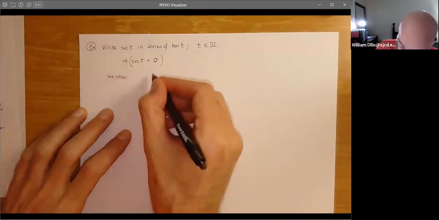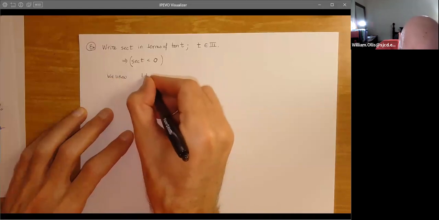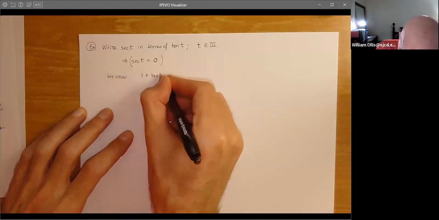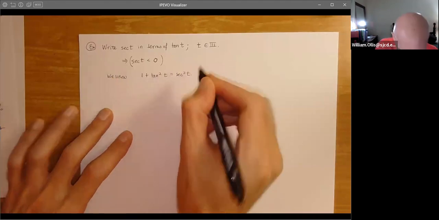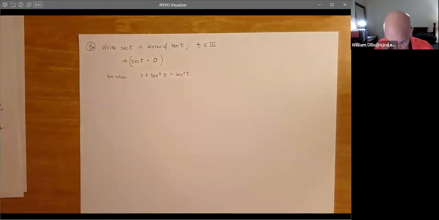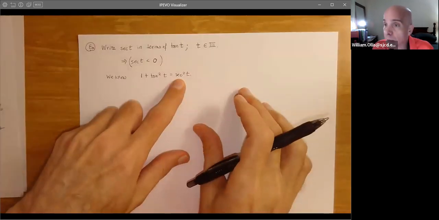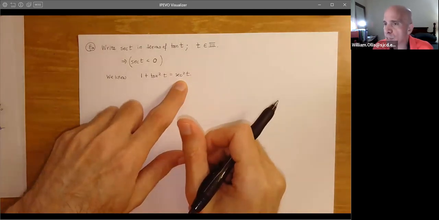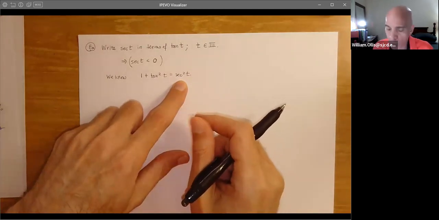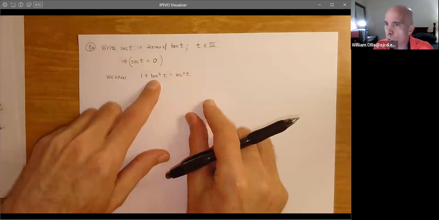So now we know from our Pythagorean identities that 1 plus tangent squared t equals secant squared t. So we're thinking, what's that theorem that we use all the time? The square root property. We have secant squared is 1 plus tangent squared.